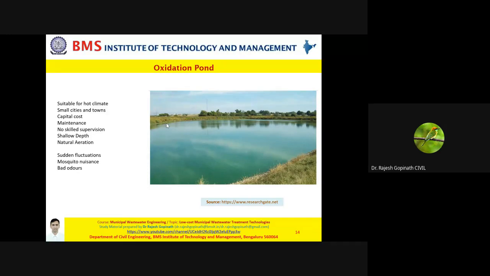In case your wastewater has a variation in the organic loading, then it can impact this entire system. And now that you're talking about a natural system, with non-usage of aerators, this can definitely lead to issues such as mosquitoes, which can lead to malaria, and it can also be prevalent with respect to bad odors.